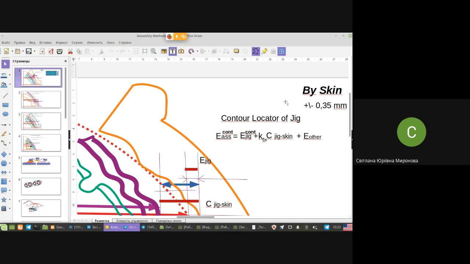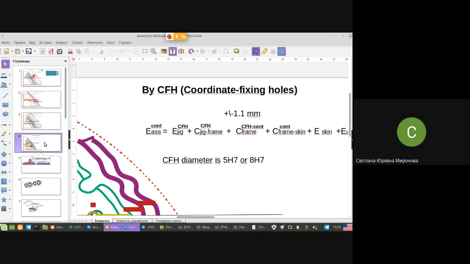It's obvious. Look here, we start immediately at the theoretical outline because we have a contour locator which should coincide with the theoretical outline. Of course, it has some deviations because a real object might have deviations from theoretical values. But it at least tries to repeat the theoretical outline. And in this case, accuracy will be the best, and it gets worse as we move farther from the theoretical outline.